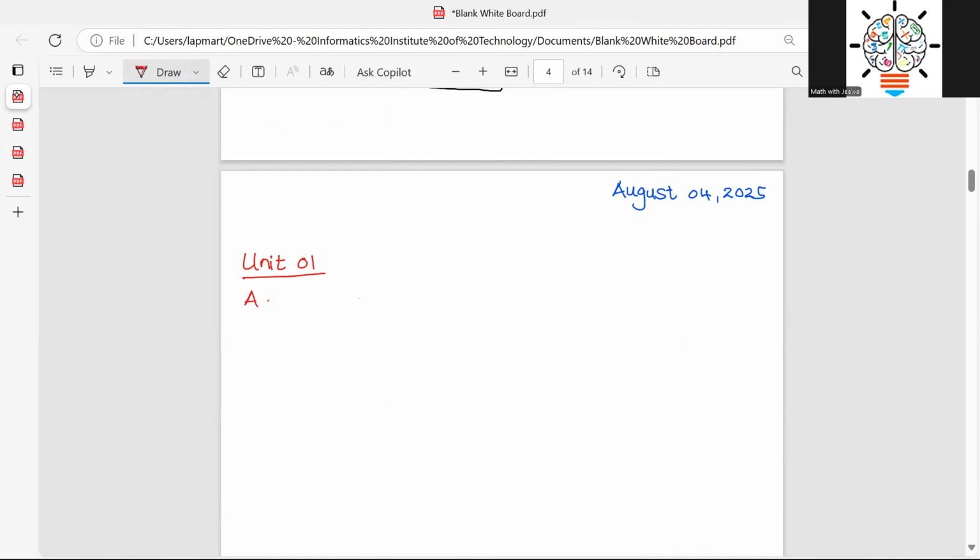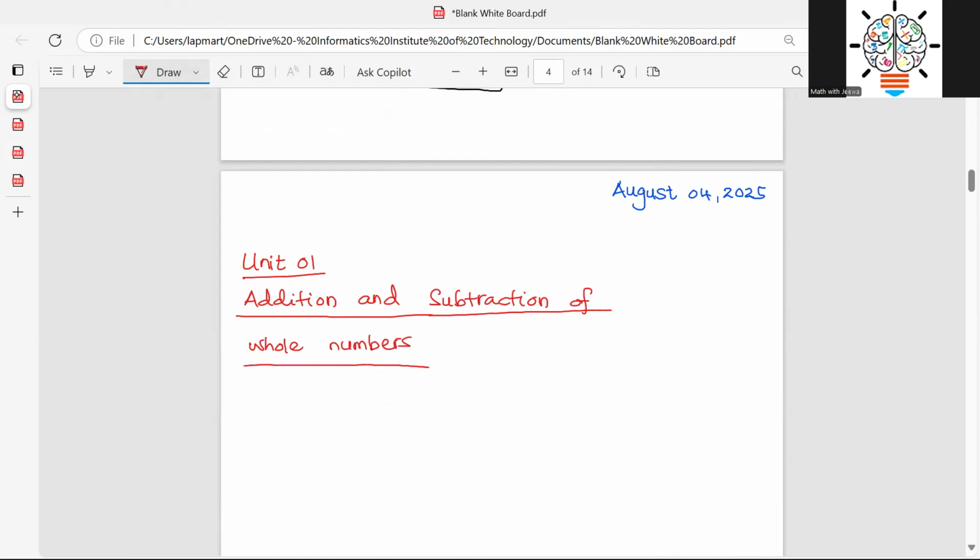Then you write addition and subtraction of whole numbers. If you can't write them at once, you can come to the next line for "of whole numbers." Right? Then you write that this is day 1, your theory day 1.